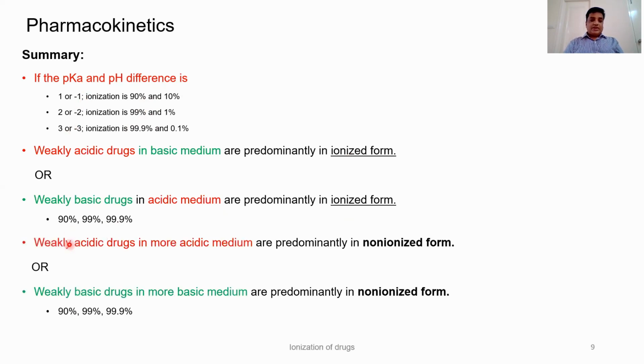And finally, when an acid is present in a more acidic medium, or a base is present in a more basic medium, they are not ready to donate, so they are primarily in non-ionized form. Predominantly non-ionized could be 90, 99, or 99.9%, depending on the pKa minus pH difference.